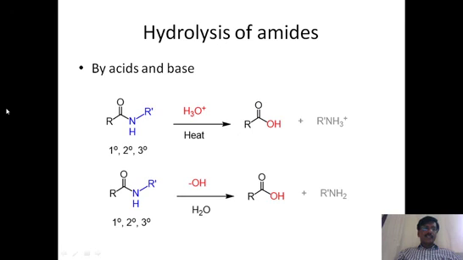On ammonolysis, the end product is amide. In ester hydrolysis, we have two different mechanisms. One is initiated by acid, that is the acid catalyzed ester hydrolysis mechanism. Another is initiated by base, that is base catalyzed ester hydrolysis. So the two mechanisms are very important. We need to write them down very carefully and note them down.